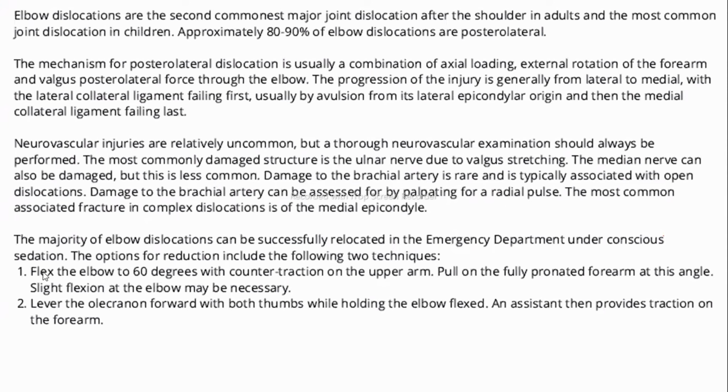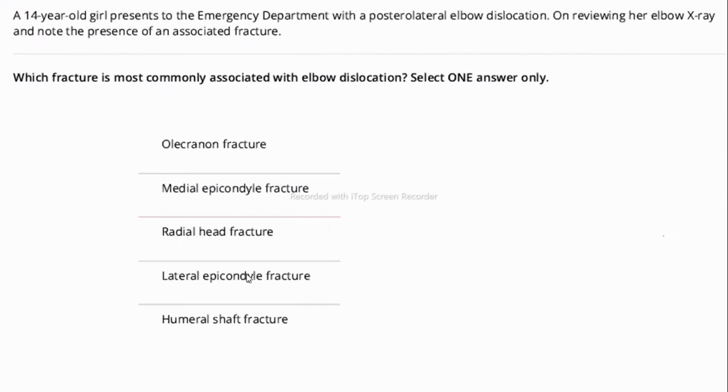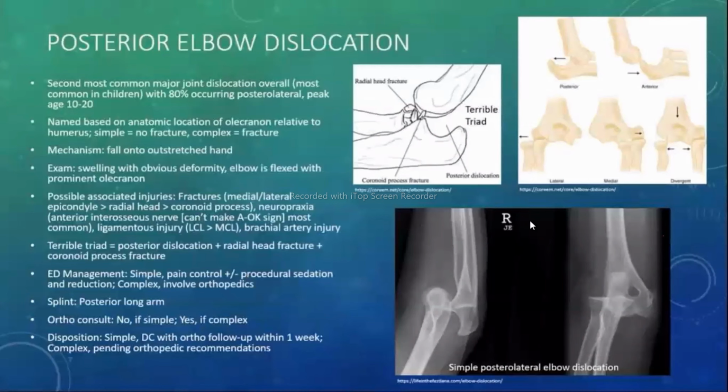So number 1, flex the elbow. Ask the patient to flex the elbow. How many degrees? 60 degrees. Yes. So ask the patient to do flexion, 60 degrees. After that, one doctor will catch which bone? Humerus. Yes.